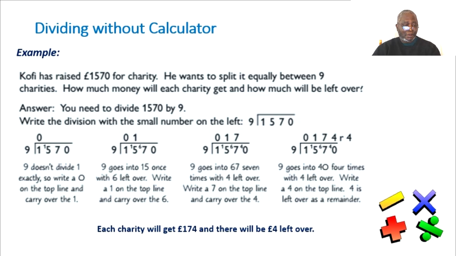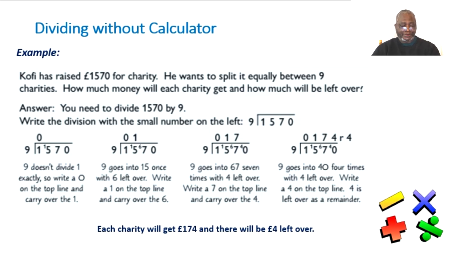15 divided by 9 is 1, but the difference between 15 and 9 is 6. So the 6 goes over to the 7, and you divide 67 by 9, which is 7. 7 times 9 is 63, so you'll have a remainder of 4.